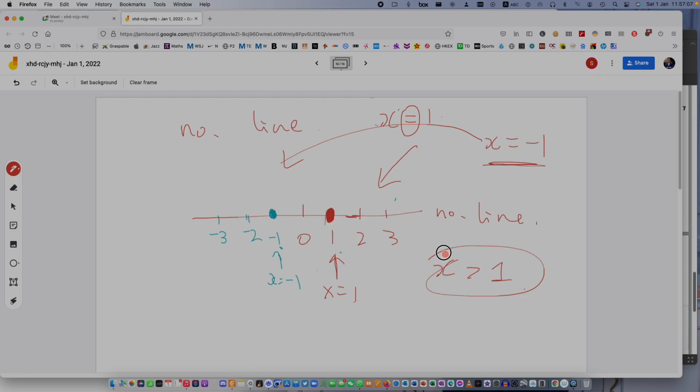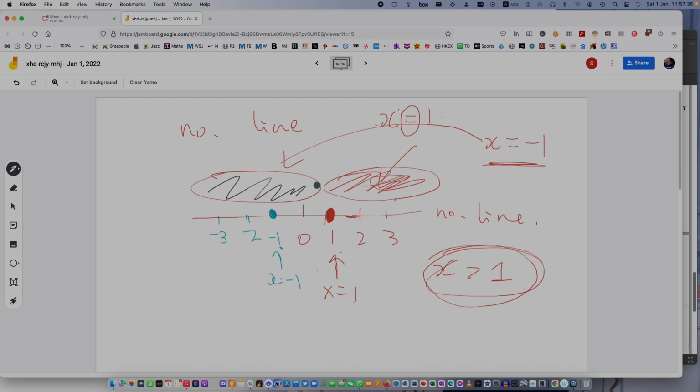Bigger than 1 means left side or right side? Bigger than 1 means this portion or this portion. So the red portion or the black portion for bigger than 1.